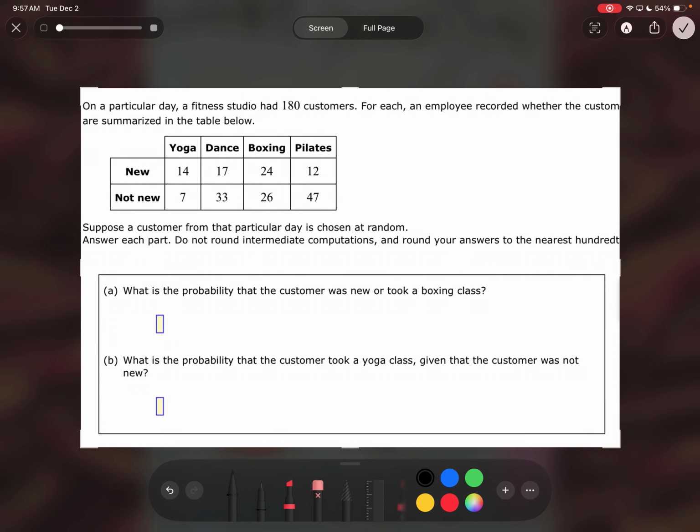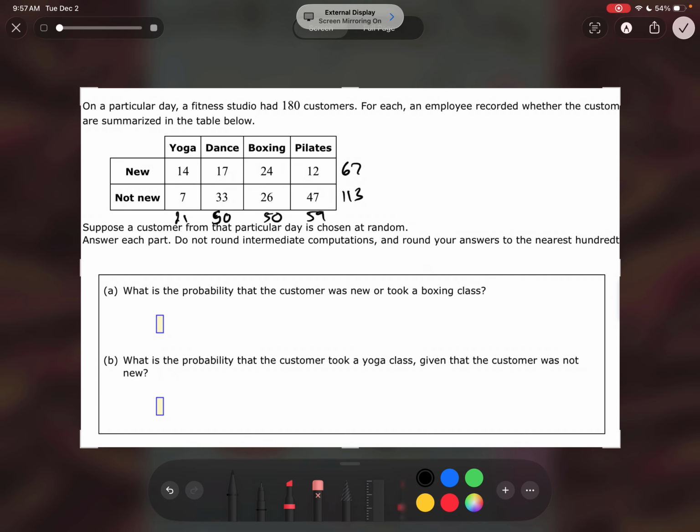I'll go ahead and add these up real quick. 21, 50, 59. 31, 55, 67. So that'd be 123. Nope, 113. Better double check. 15 plus 17 plus 24 plus 12 minus 1.